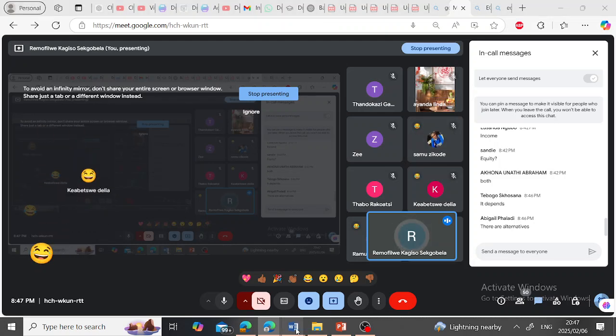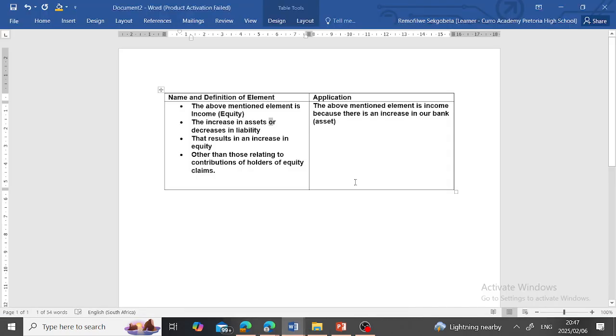Right? Good. So let's go again. The above mentioned element is income because there is an increase in our bank, which is assets. That results in an increase in revenue, which increases our equity.